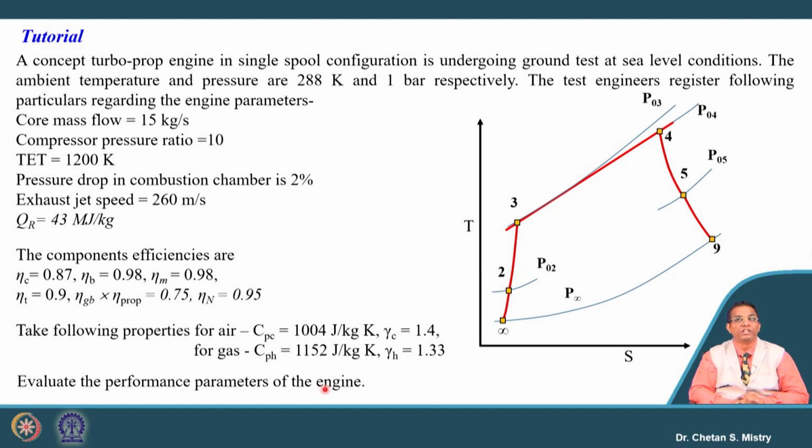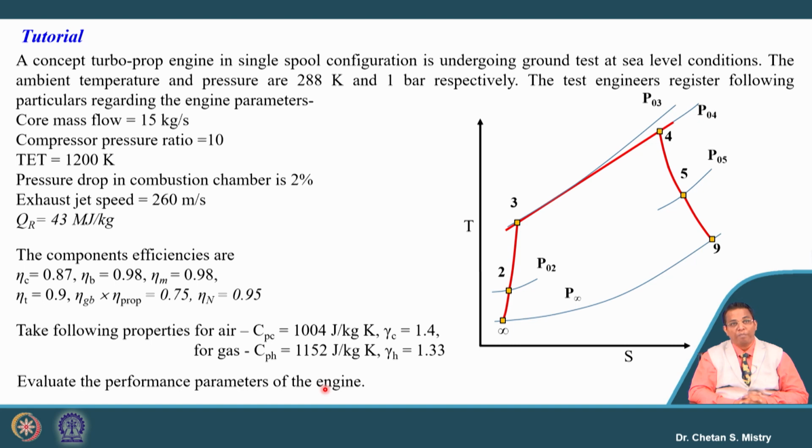The test engineer registered the following particulars. The core mass flow rate is 15 kg per second, compressor pressure ratio is 10, turbine entry temperature is 1200 Kelvin, the pressure drop in the combustion chamber is 2%, exhaust jet velocity is 260 meter per second, and the calorific value of the fuel is 43 megajoule per kg.